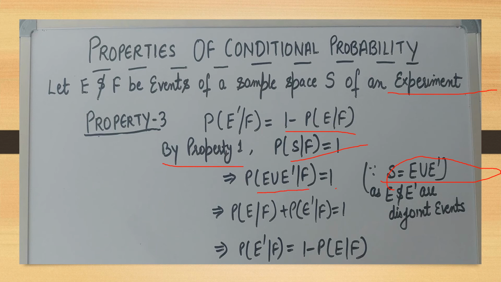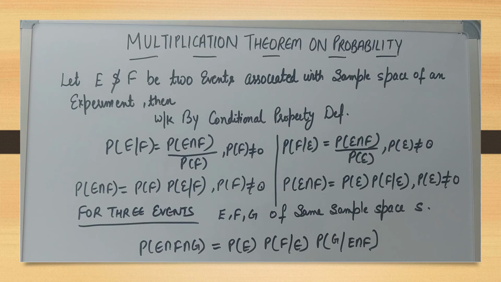Now apply the previous property, in which if the sets are disjoint, the intersection term is dropped, and it becomes probability of E under F plus probability of E complement under F equal to 1. In that way, probability of E complement under F is 1 minus probability of E under F, or probability of E under F is 1 minus probability of E complement under F.